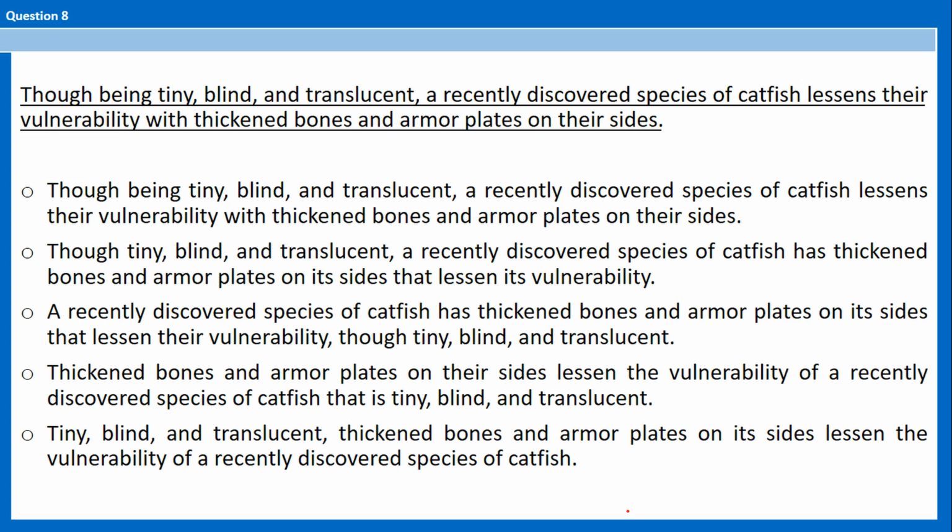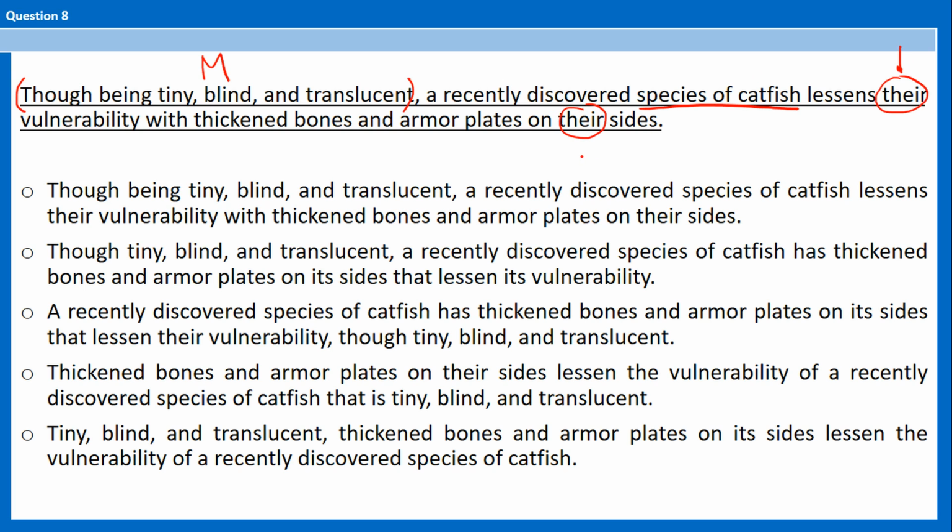Though being tiny, blind, and translucent, a recently discovered species. Okay. Though being, this whole thing is a modifier that needs to make sense with the subject, which is a species of catfish. You have their vulnerability with thickened bones and armor plates on their sides.